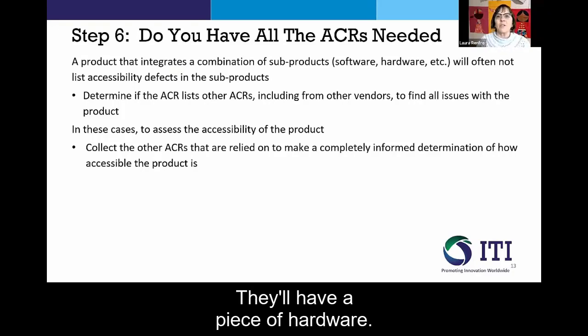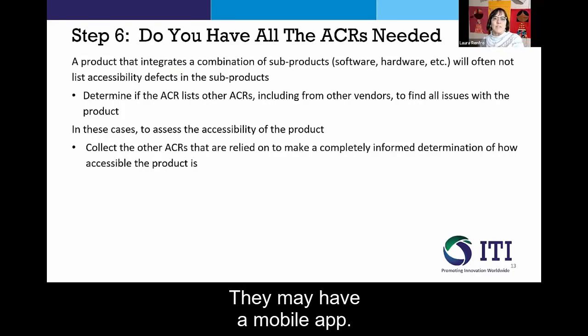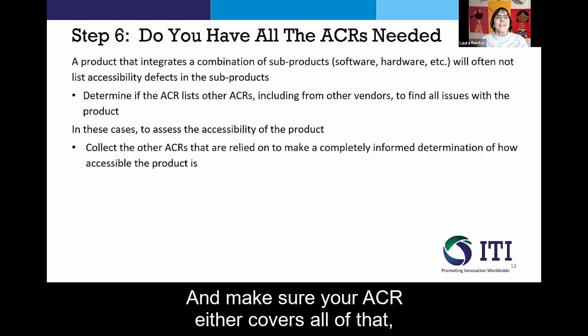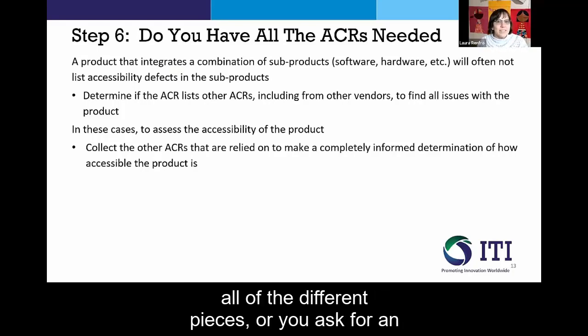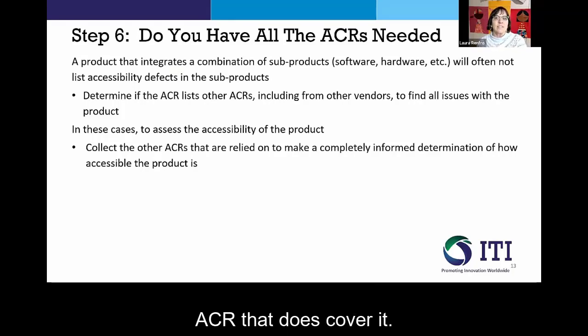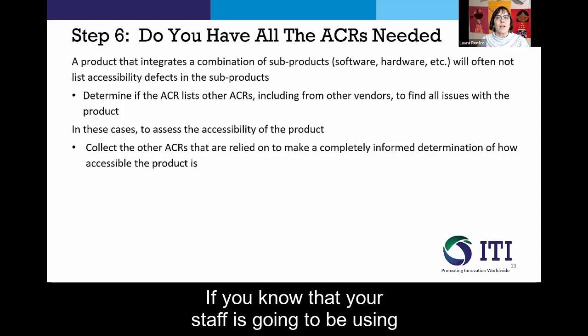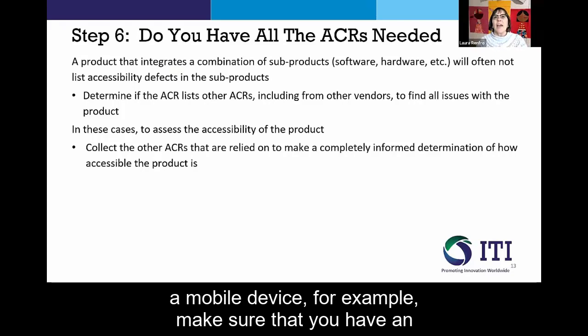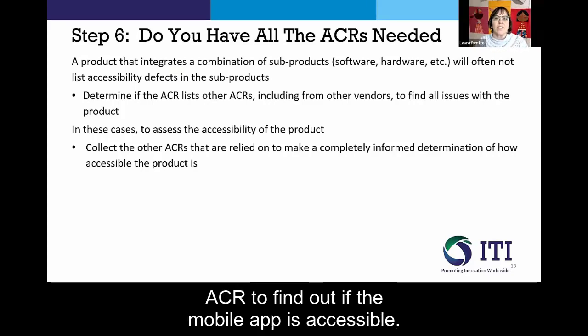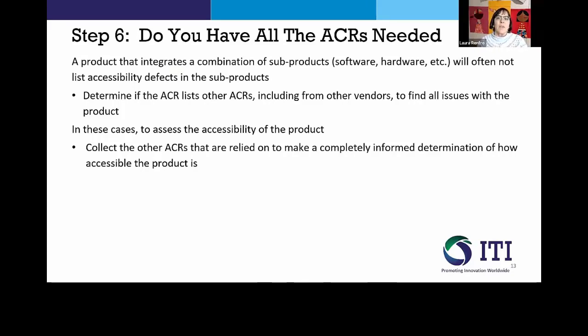They'll have a piece of hardware, they'll have a piece of software, they may have a mobile app, and make sure your ACR either covers all of the different pieces, or you ask for an ACR that does cover it. If you know that your staff is going to be using a mobile device, for example, make sure you have an ACR to find out if the mobile app is accessible.